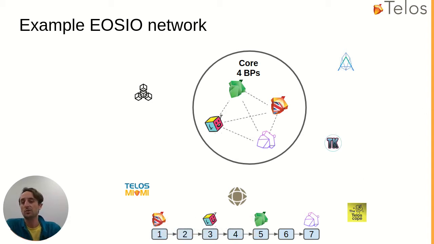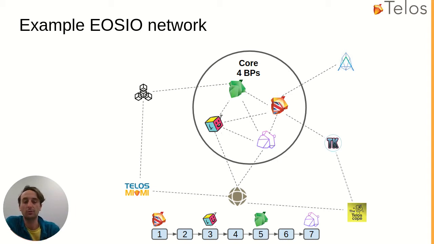What happens is those top 4 BPs, as soon as they become elected to be in the top, start creating a very tight mesh of network connections between them. And they create connections to 1 or 2 other full nodes running the EOSIO software. That then creates the network of computers around the world that makes up the Telos, our example EOSIO network.